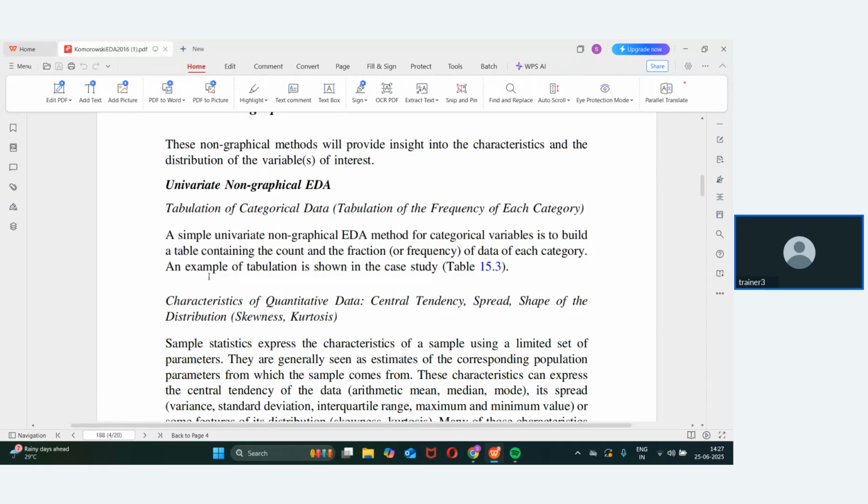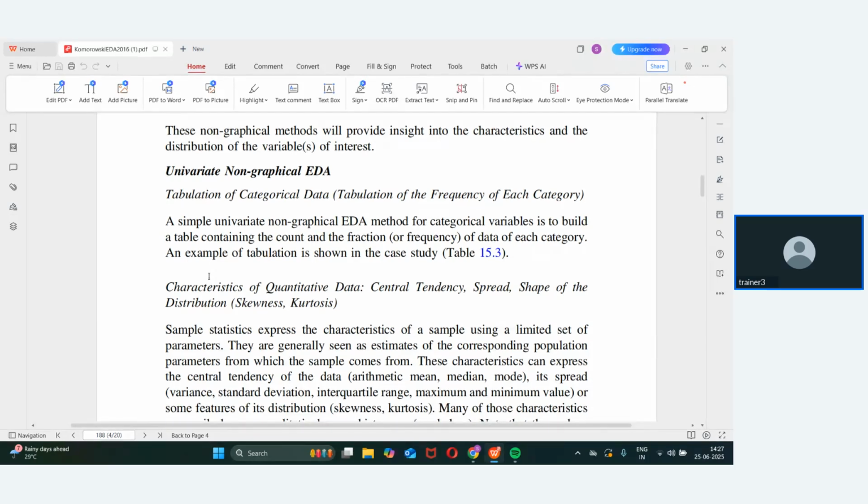So examining a single variable at a time to understand how it is distributed, what the central tendency is, and what the spread is. Yesterday in the PPT I showed what central tendency, spread, and distribution are. These are the terminologies that are used. The main goal of this univariate analysis is to describe the characteristics of individual data points. Data points do exist in a plane, right? So it tells the characteristics of these data points.